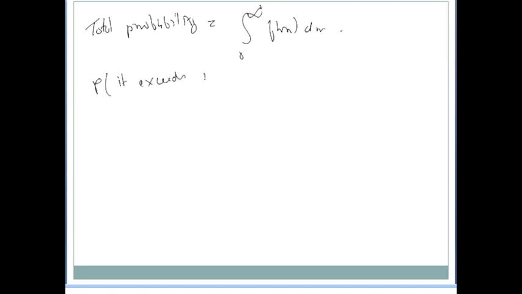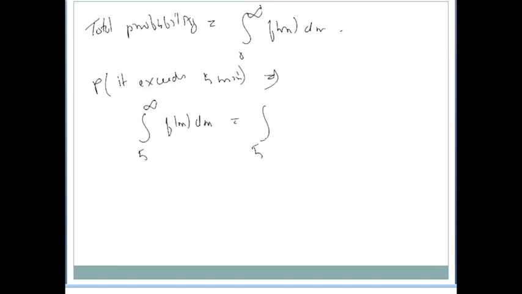Now we can see that in the case of the exponential distribution, the total probability is the integration from 0 to infinity of f of x dx, but we are asked for the probability that it exceeds 5 minutes. Thus it will be from 5 to infinity of f of x dx.